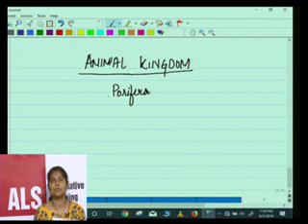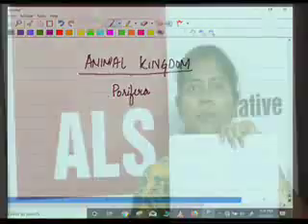If this is your notepad, don't use it in this way. Use it horizontally and write everything in the center, so that you get space in the margins. So let's write Porifera.